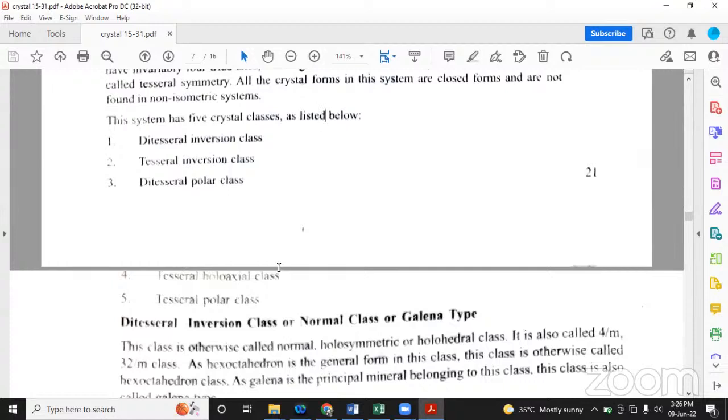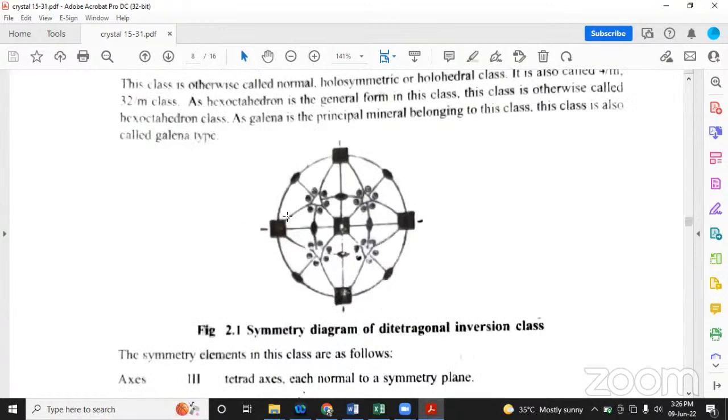And this is a closed form, and it can exist as a real crystal. Observe here, it is a closed form with four axes of 3-fold symmetry. Example: galena. Galena is a principal mineral belonging to this class.